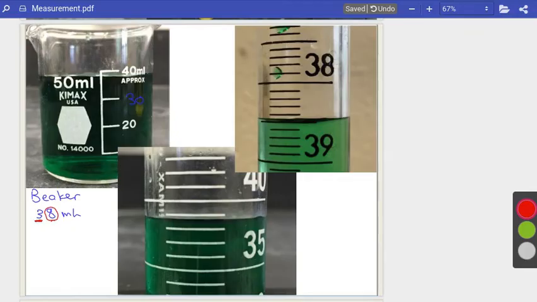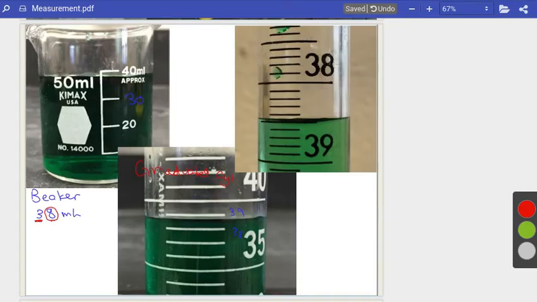If I compare that to this one in the middle, which is my graduated cylinder, we've got 30, so each of these increments is going up by 1. So once again, we are between, let's see, this is 38 and that's 39. This time I get to be sure about the 8.